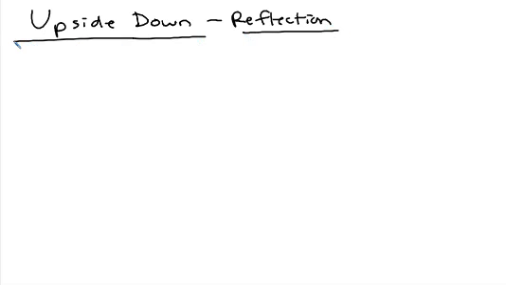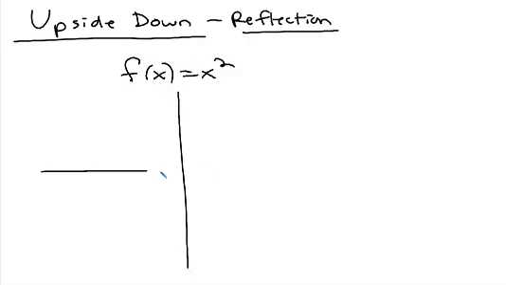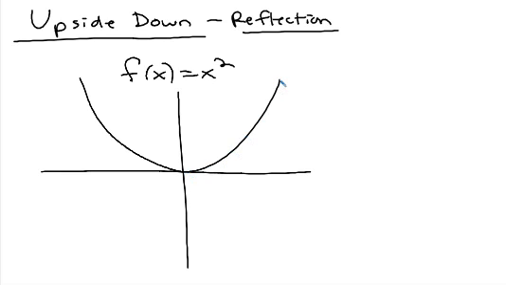And this is really easy. If our normal graph of x squared looks like this, in other words, it's facing up, what happens to the function itself to make it face down?